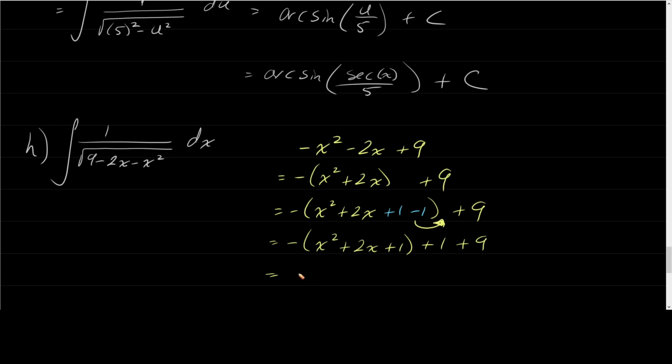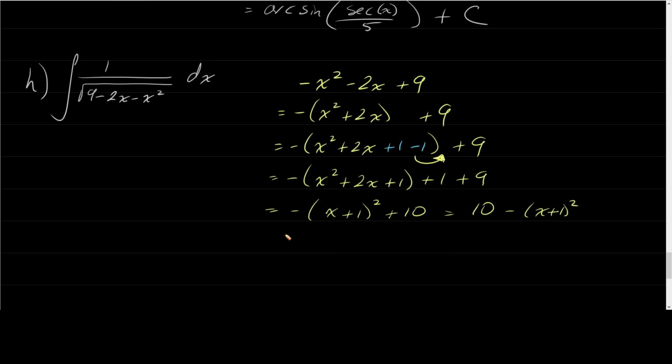So that's going to give me the negative of x squared plus 2x plus 1. If I factor that, it is x plus 1 squared. And then over here, 1 plus 9 is 10. So this is really just 10 minus x plus 1 squared. But I'm going to rewrite that even further as radical 10 quantity squared minus x plus 1 squared.